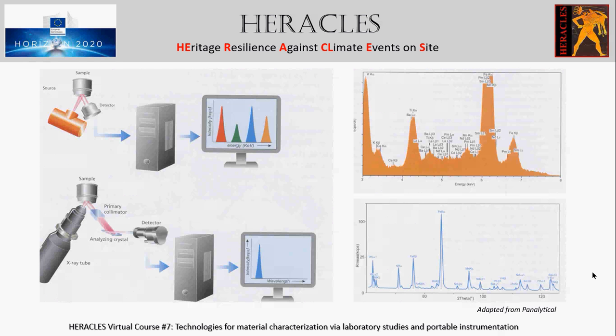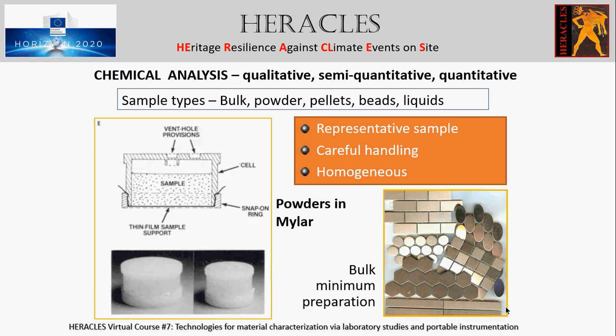For this type of detection, we have to have high sensitivity detectors. The quantification of the elements is done by calculating the height of the peak, which is then compared with standards, and so an accurate quantification of the chemical elements in the sample can be given.